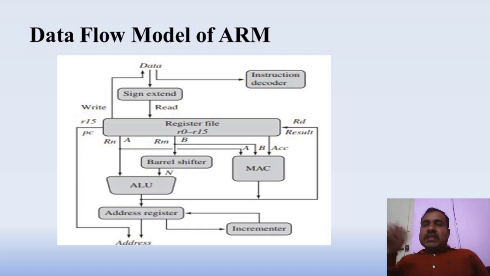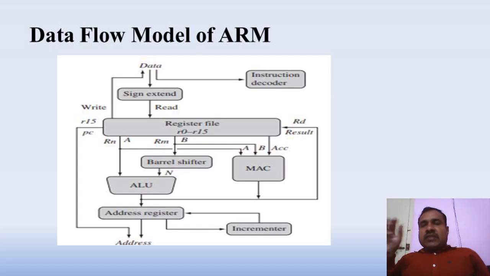So the storage bank of ARM is the register file, and from this register file, the ALU takes the data. It has two source registers, Rn and Rm, and one destination register Rd. The data from the register file enters the ALU through internal buses, A and B.